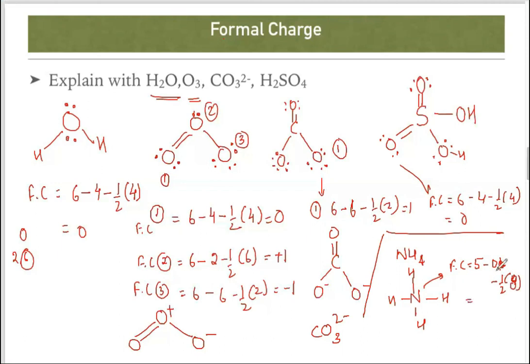So this is 4, 5 minus 0 minus 4, so that will be 1. So this is known as ammonium ion. That will be NH4 positive charge.